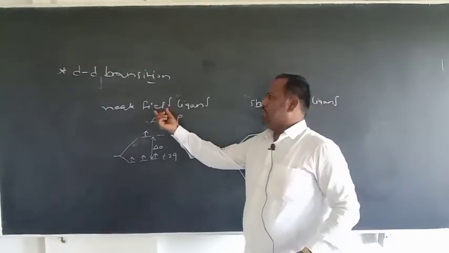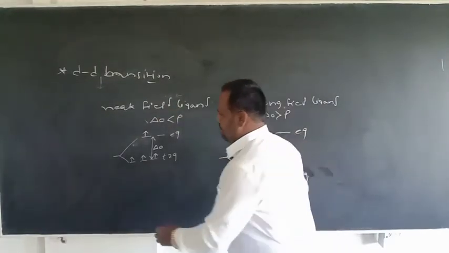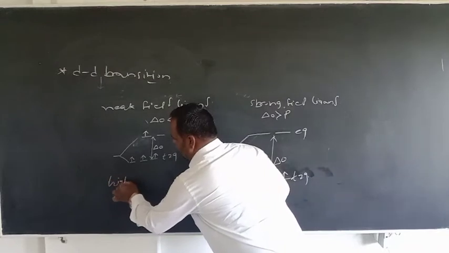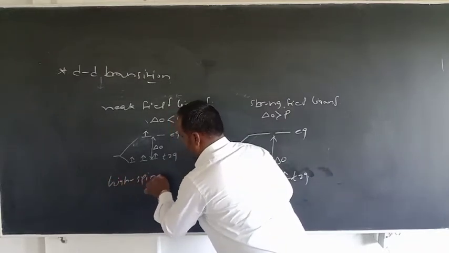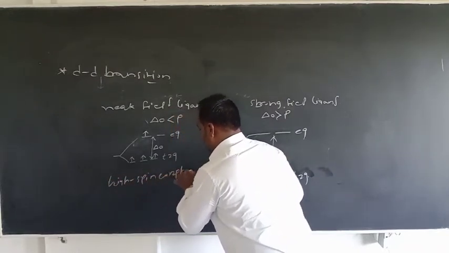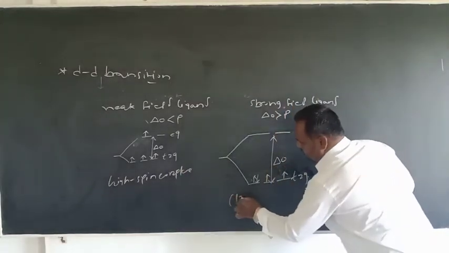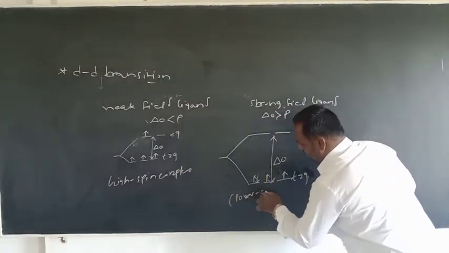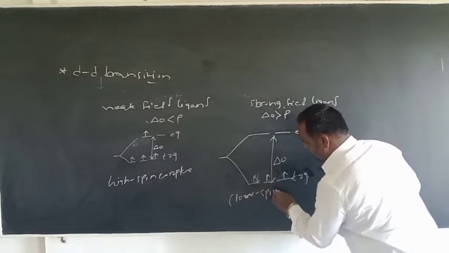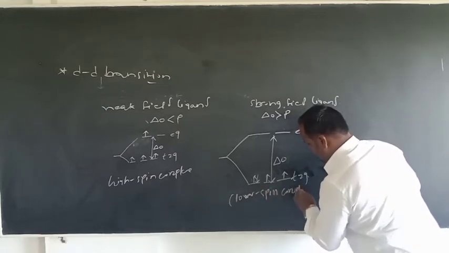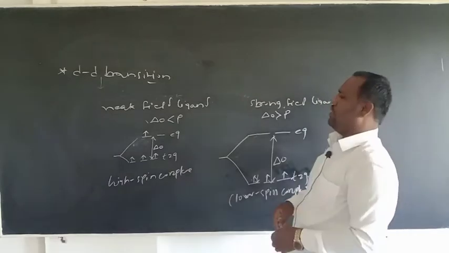So in presence of weak field ligand, the complex which is formed is called a high spin complex. While in presence of strong field ligand, the complex which is formed is considered a low spin complex. So this is the effect of ligand field.